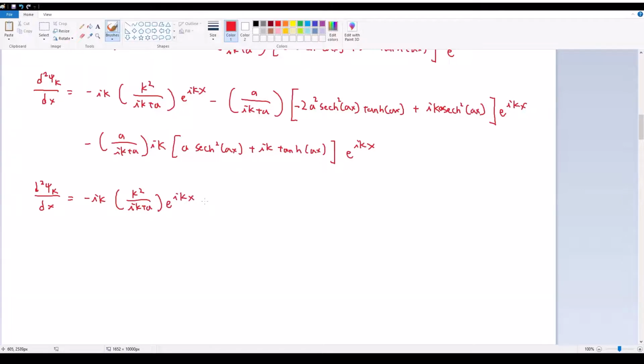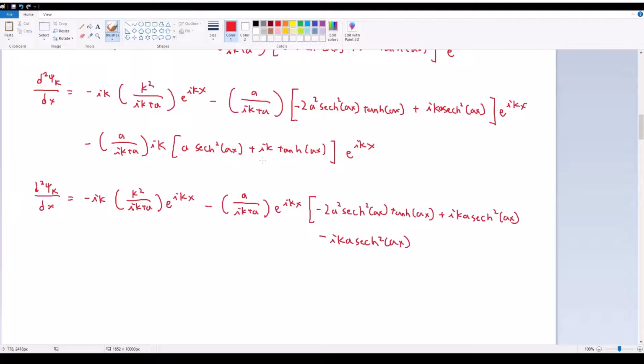And then we are going to subtract a over ik plus a times e to the ikx, and then negative, whoops, this is a bit messy, negative 2a squared hyperbolic secant squared ax hyperbolic tangent ax plus ika hyperbolic secant squared ax, and then I'm going to combine with the lower term, move the ik in, so minus ika hyperbolic secant squared ax, and then this is going to give us, let's see, actually this is plus because the minus is already taken out of the factor.